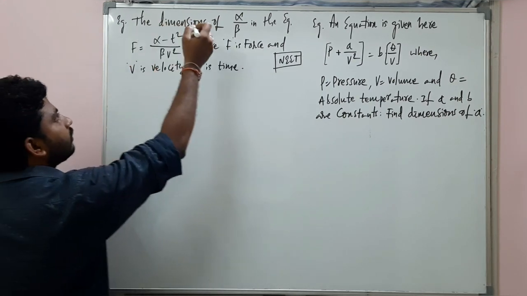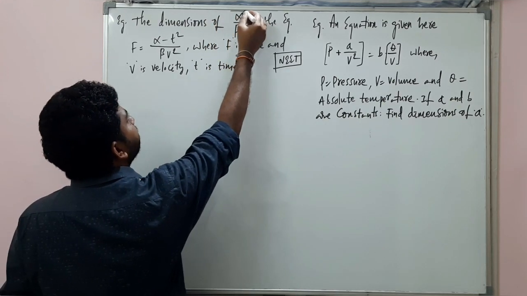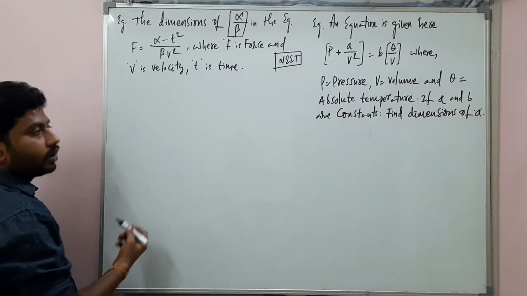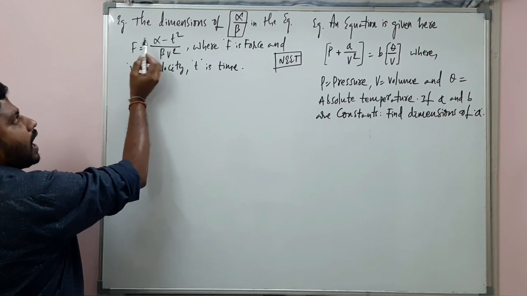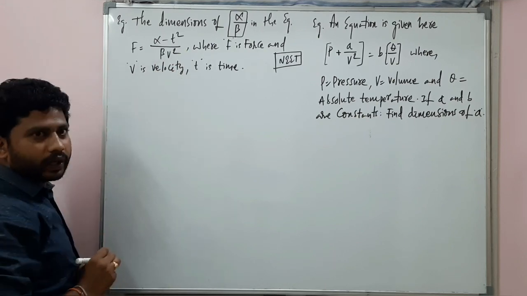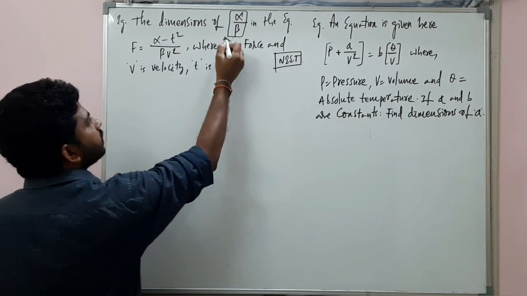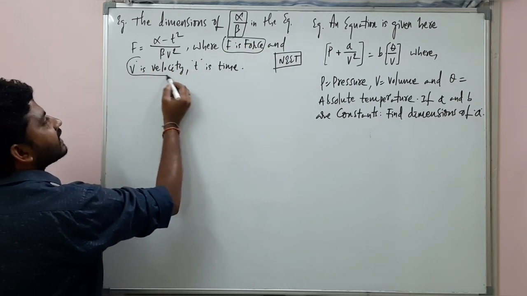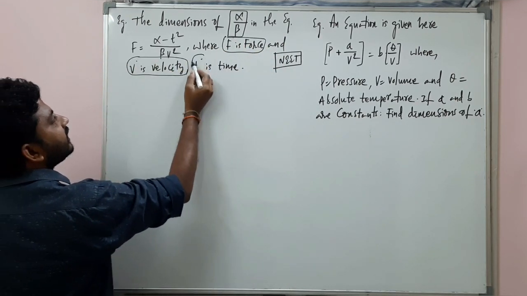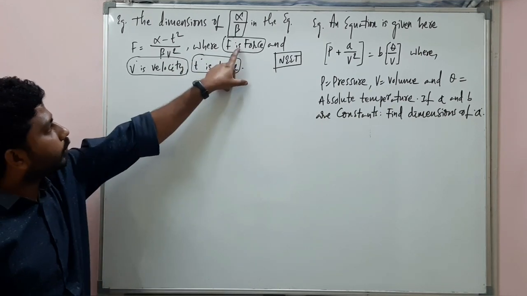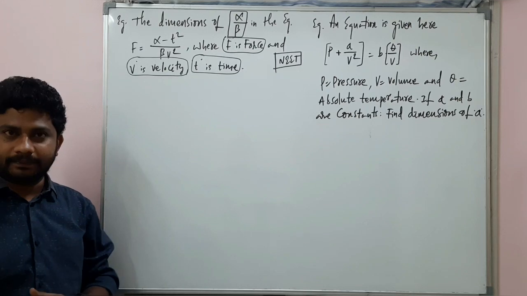The dimensions of alpha by beta in the equation F is equal to alpha minus t square by beta v square, where F is a force, v is a velocity, and t is a time, right? How many physical quantities have they given? Force, velocity, and time.